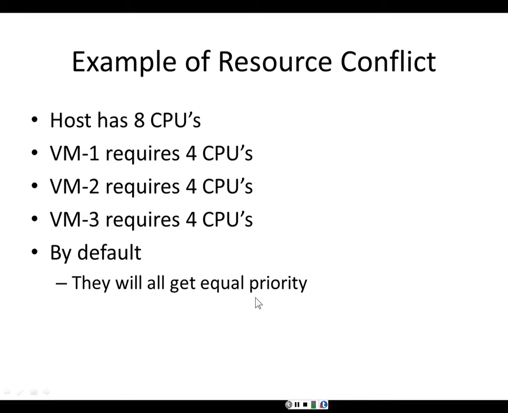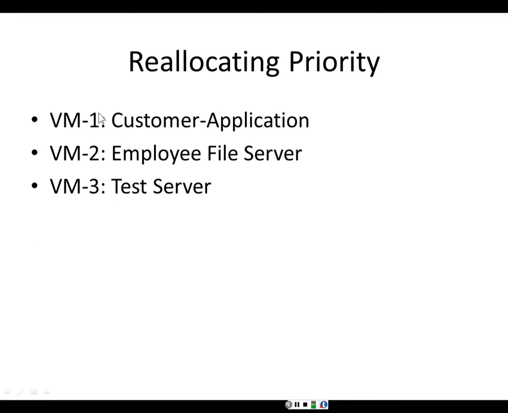balance the priority. But let's say we've got these 3 virtual machines, and one's a customer application, another's the employee file server, and another's the test server, and the customer application is a really important virtual machine. So instead of having it only get 1/3 of the CPU utilization, I would like the customer application virtual machine to get a full 50% of the existing CPU utilization, and then the employee file server and the test server only get 25% each.